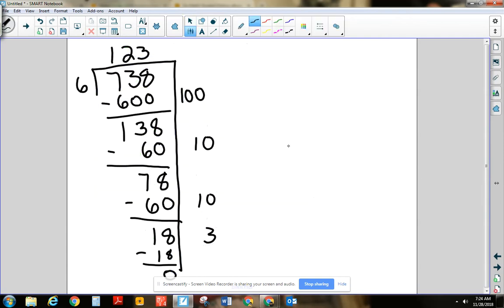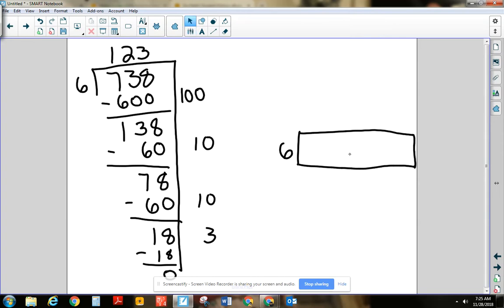for this problem. So we have 6. And inside this rectangle is going to be our total, which will equal 738. So 6 times 100 is 600. See? 6 times 10 is 60.